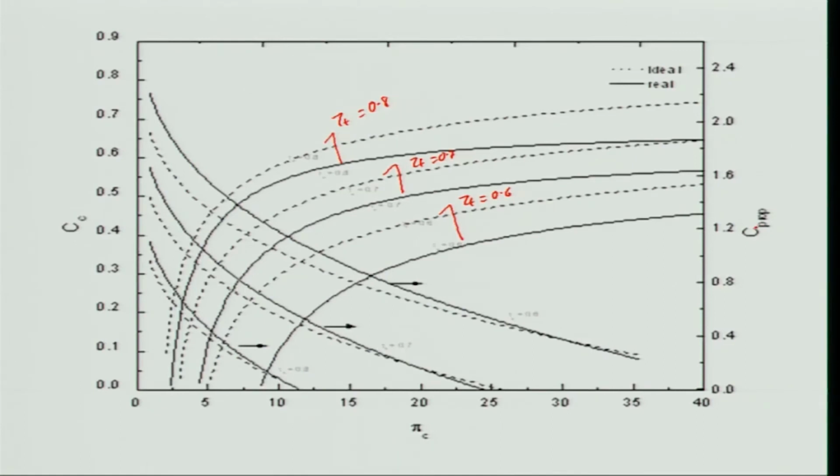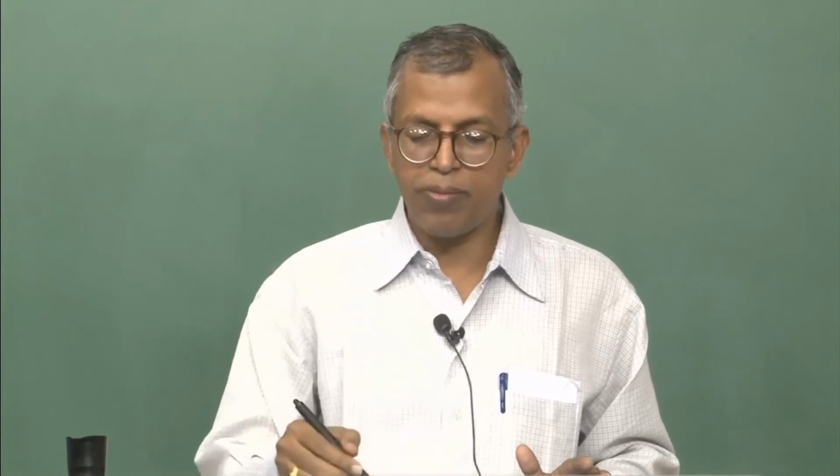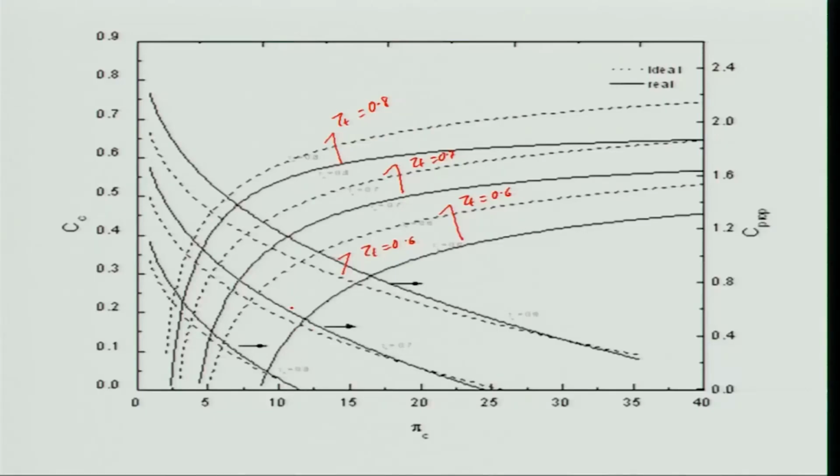And of course, the C propeller decreases with increase in pressure ratio across the compression, and it has a higher value as compared to the ideal cycle, right, because the fan will be taking more work, and then it will be higher than that. So, of course, this is for tau t equal to 0.7, and this is for tau t equal to 0.8. If you look at it the other way around, you will get a fan pressure ratio which will be higher.